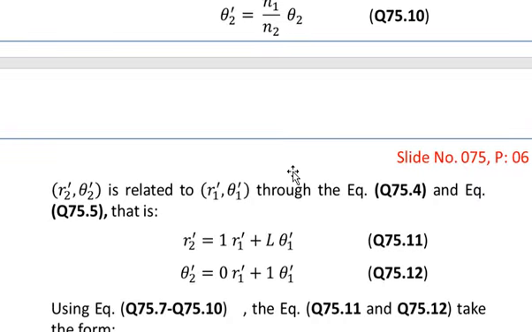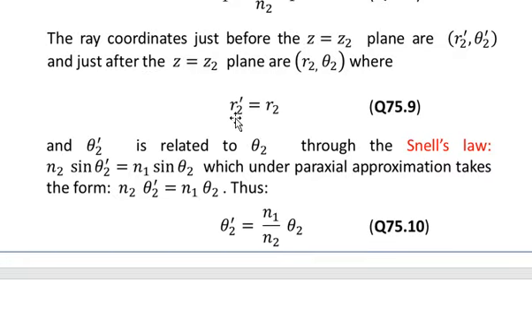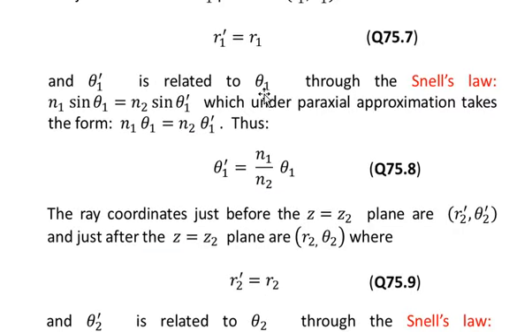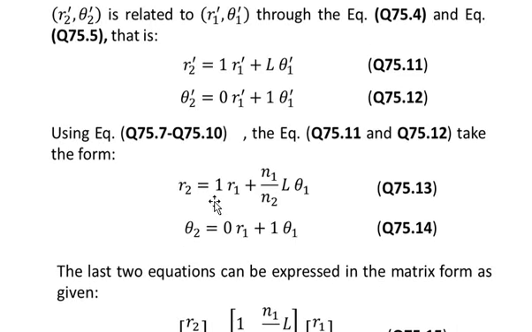And similarly, we have used the value of r1, that is r2 prime is equal to r2, and similarly r1 prime is equal to r1. So making all these substitutions in these two equations and rearranging and solving for r2 and theta 2, we obtained these two equations given in equation number 13 and 14.